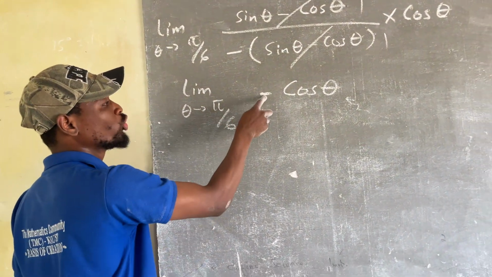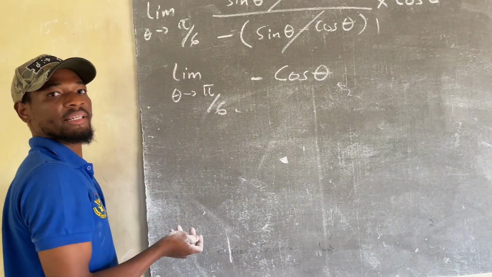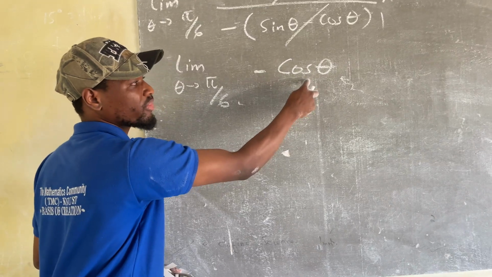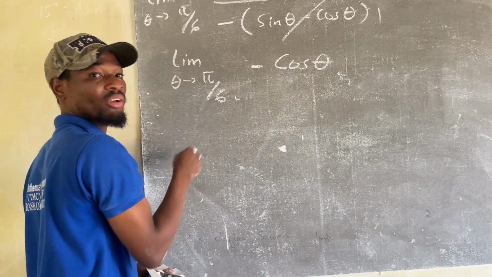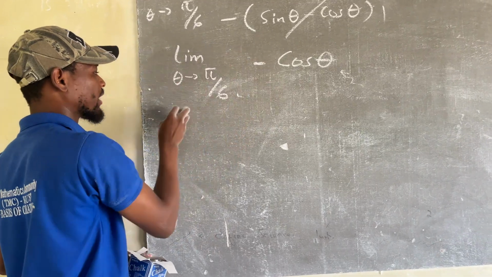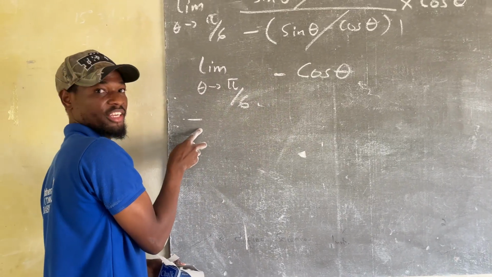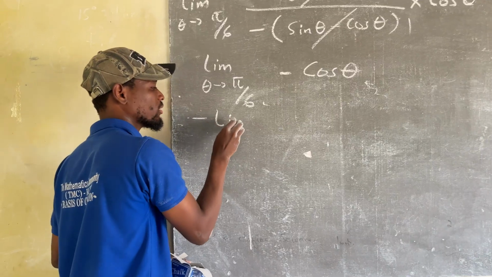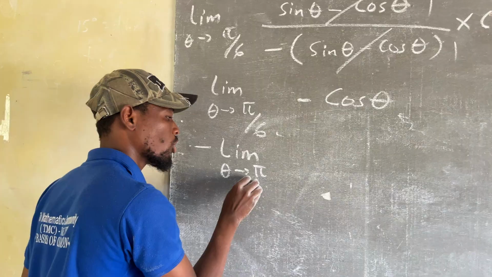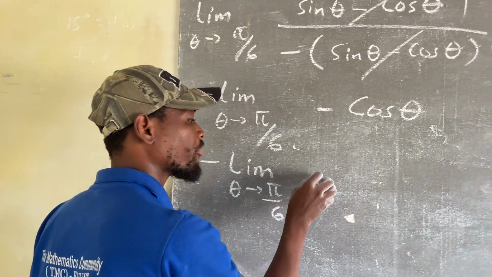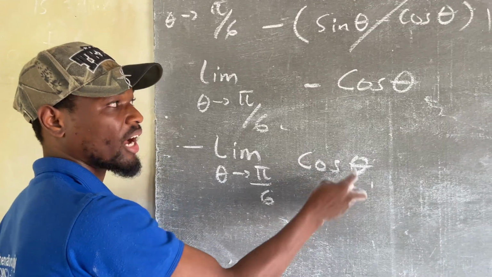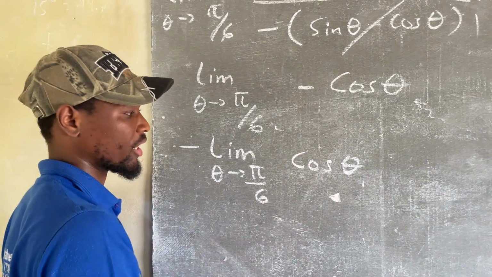I can decide to push the negative out of the limit. It's the same thing, or I can still maintain it and evaluate cos of pi on 6. So viewers, I can say the negative coming here times the limit as theta approaches pi on 6 of cos theta. When the negative affects this cos theta, you still have negative cos theta.